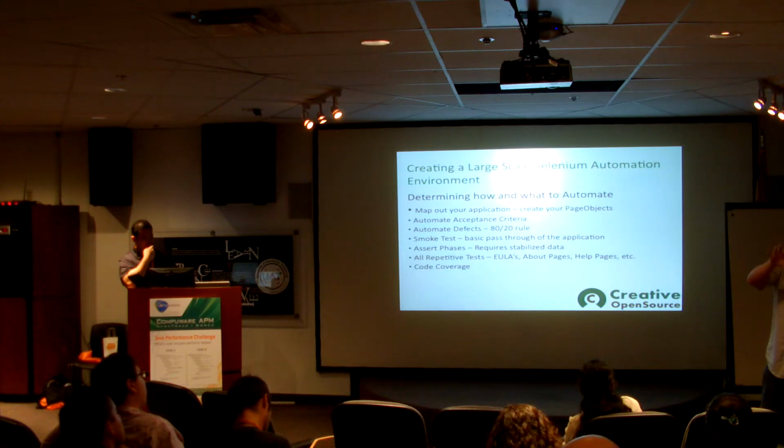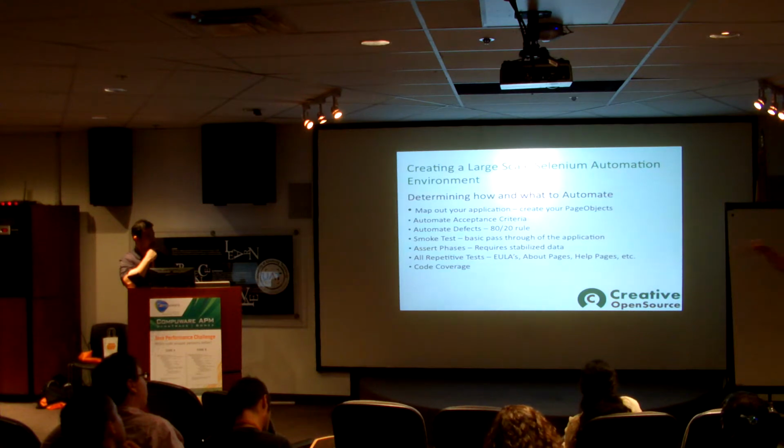We make sure all that data is still there, and all the buttons, whether they should be disabled or visible, are right, so that we don't have to manually go through it. Are these buttons here? Is this text here? We know that's already there when we run these phases after a new release.